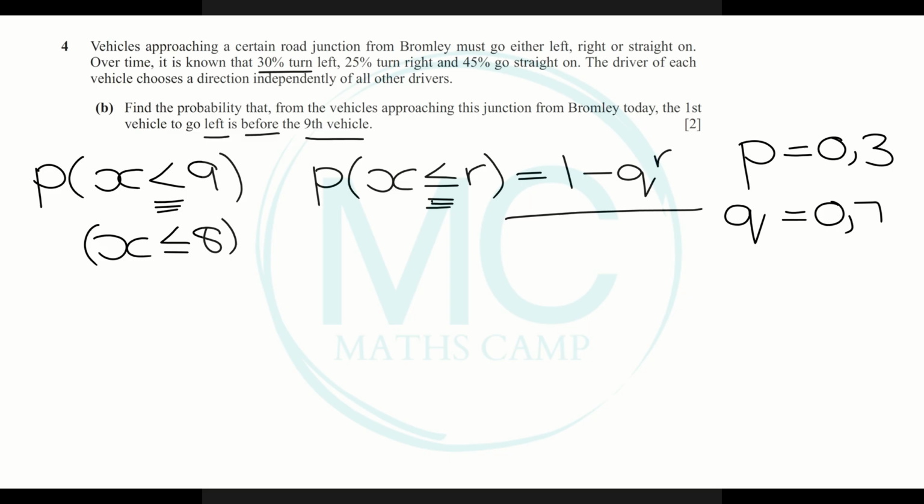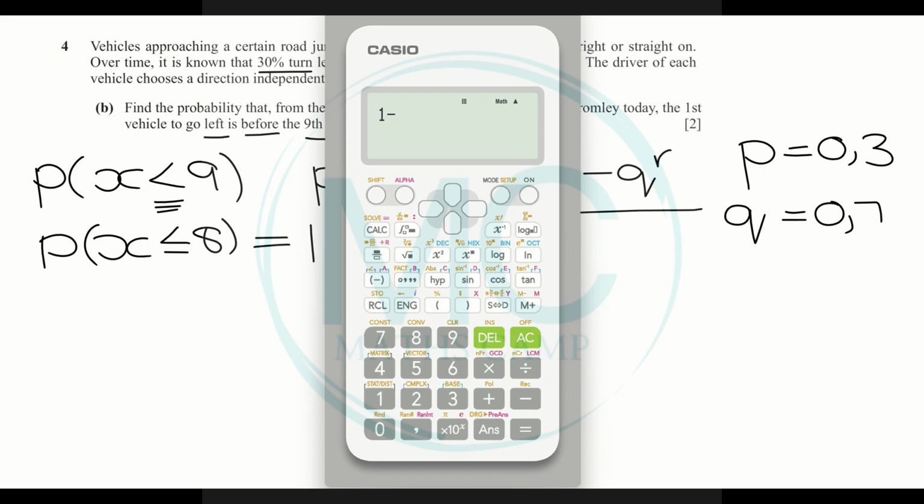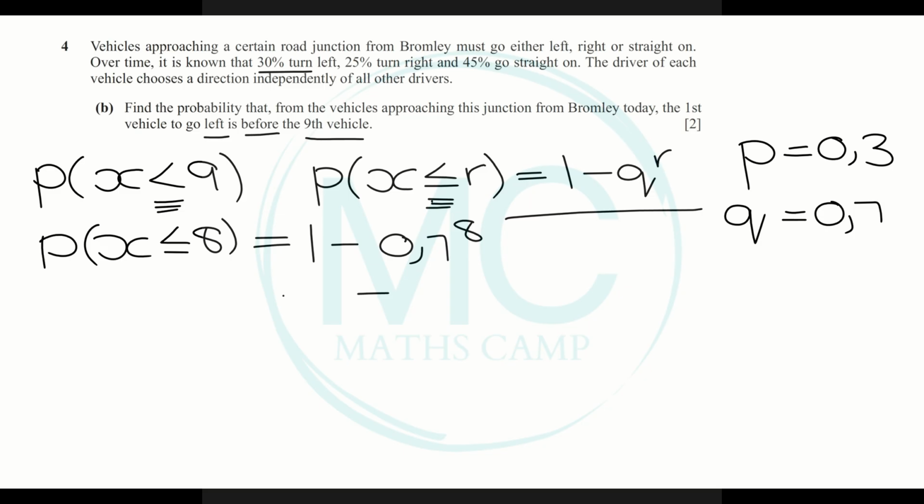So if the first vehicle to go left is before the 9th vehicle, we can say X is smaller than or equal to 8 is equal to 1 minus Q 0.7 with an exponent of 8. Take my calculator. 1 minus 0.7 with an exponent of 8 is equal to 0.9423. I'm going to round off to 3 decimal places and get an answer of 0.942. And now we can move on to part C.